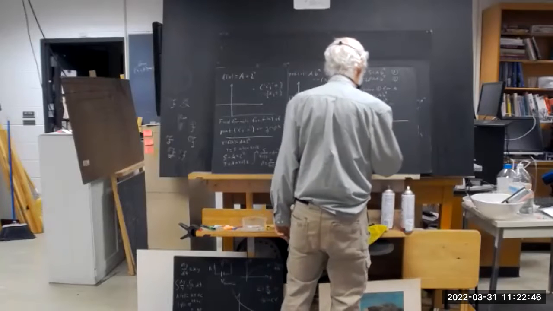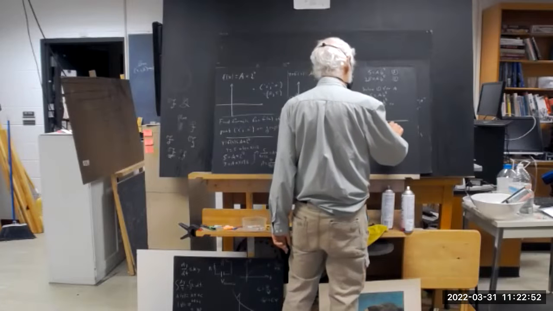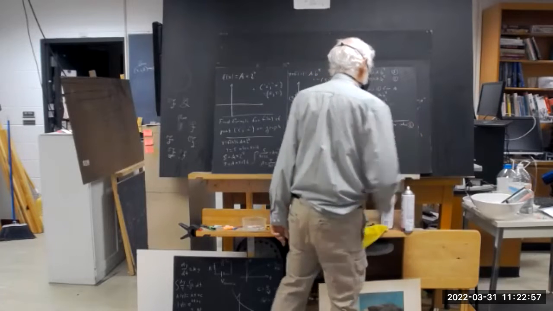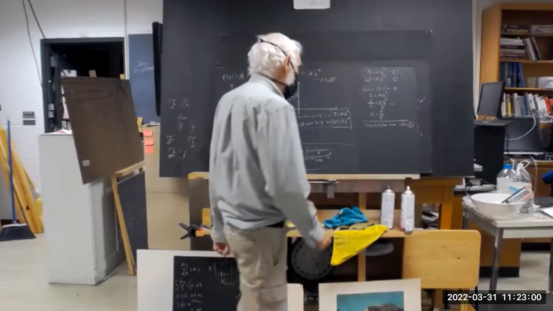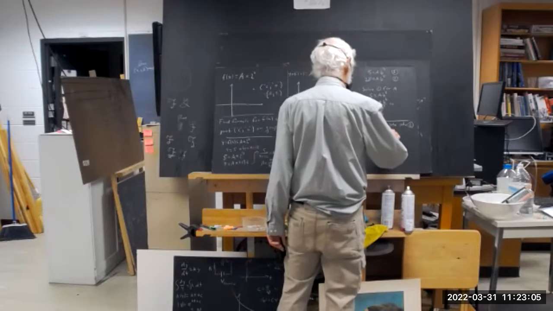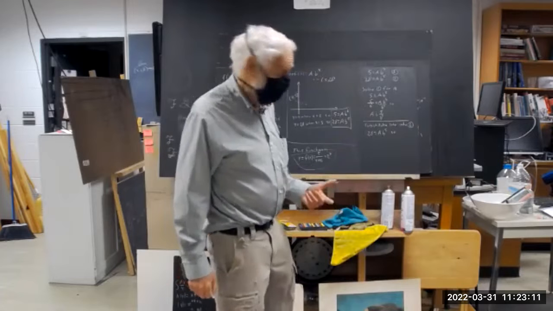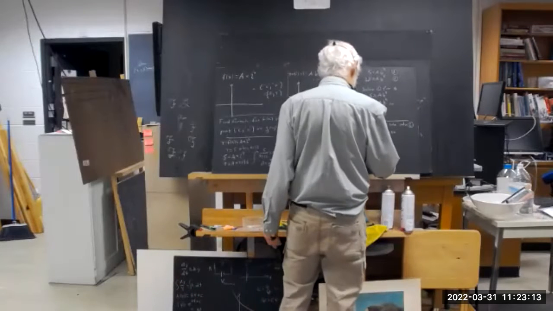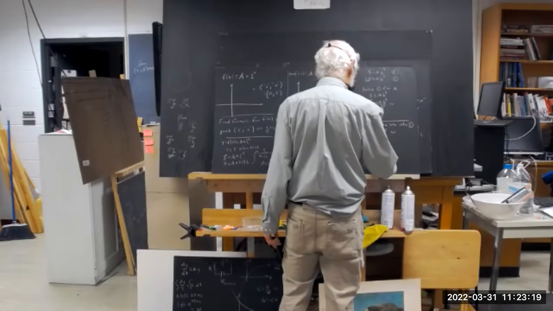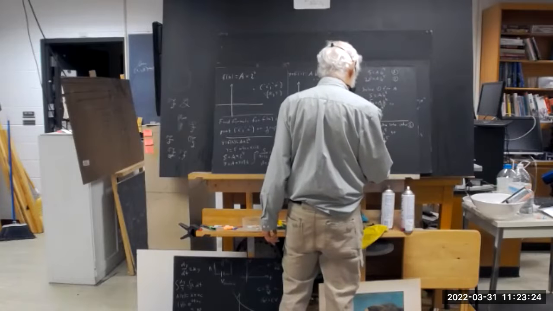Now, we substitute the solution into the second equation. 28 equals a b to the 5th. So 28 equals 5 over b squared times b to the 5th.